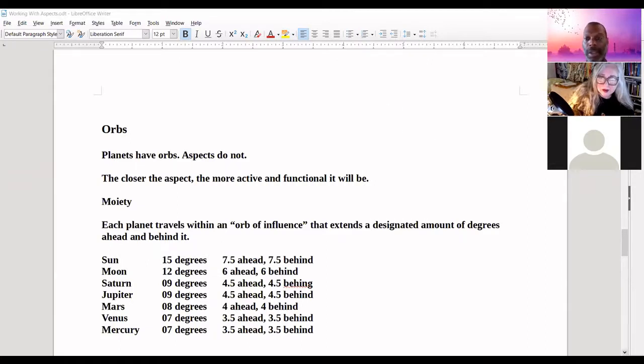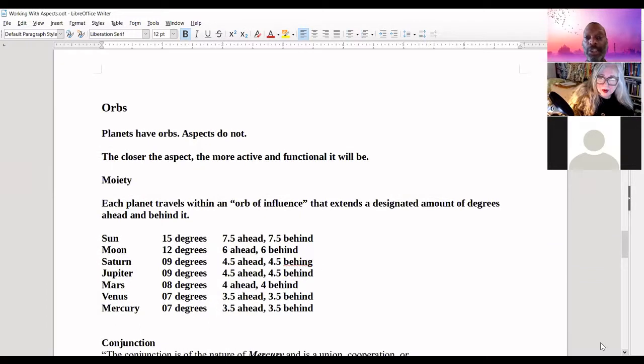Each planet has its own orb of influence, and it's called a moiety. These are the orbs of influence of the planets. The sun has 7.5 degrees ahead and 7.5 degrees behind.